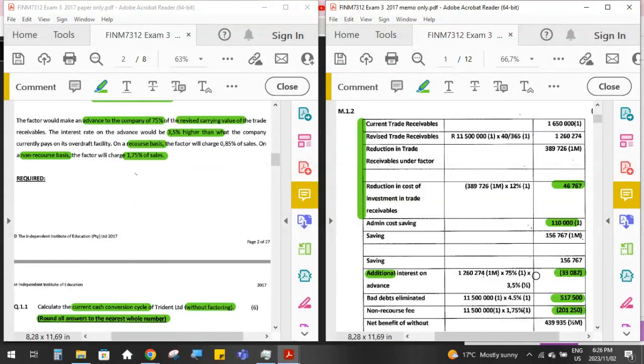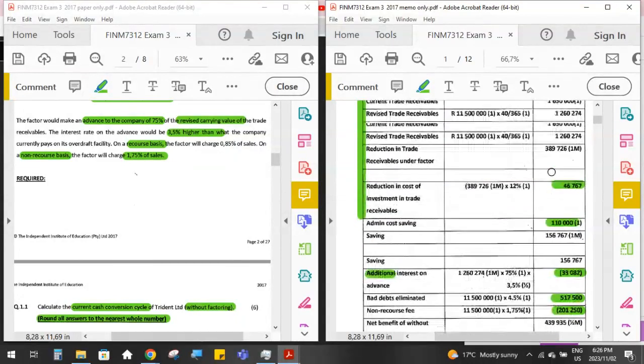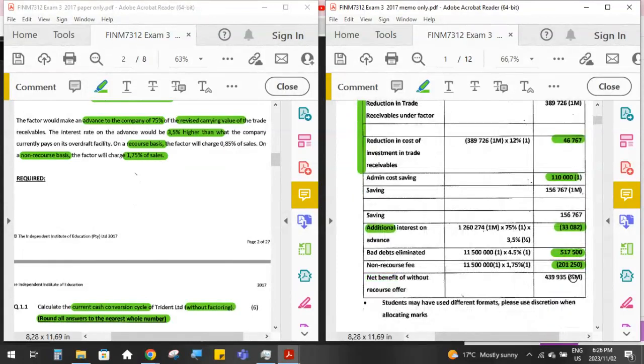I have to pay the factor an extra 33,082 Rand in interest, but I'm going to be saving 517,500 in interest, and then I've got a new expense of 201,250, which is the factoring fee. So when I add these plus, plus, minus, plus, minus, I get a net positive figure, which is the net benefit if we factor on a without recourse basis.